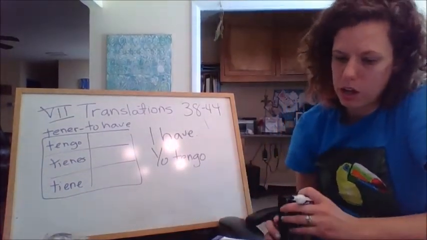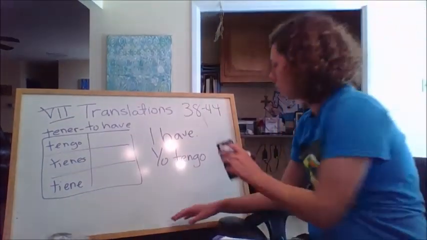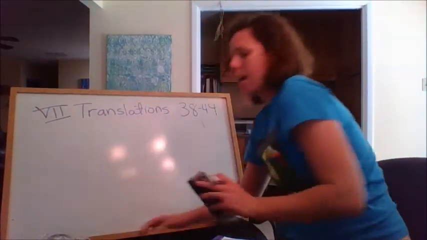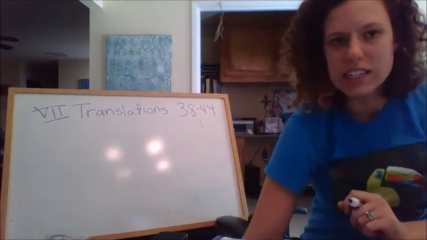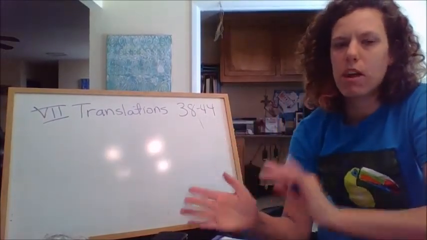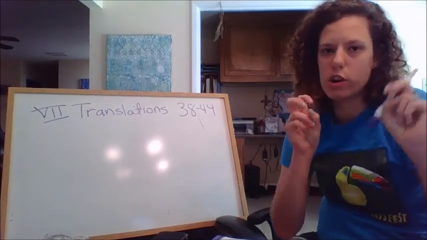Okie dokie. Do you remember how we asked a question with a tag question? So that was like we made a statement and then we added a tag question at the end.